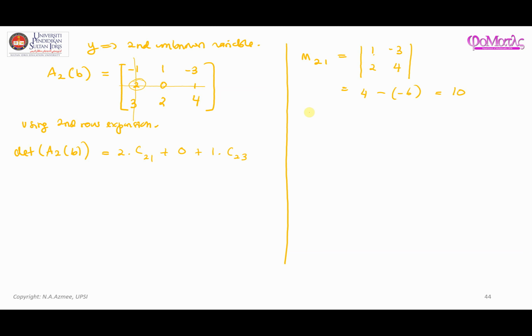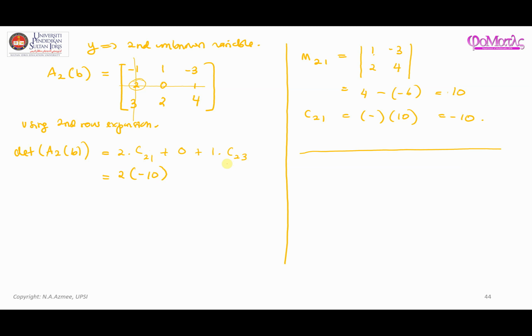Next, C21: you can see that 2 plus 1 is 3, 3 is an odd number, therefore you're going to have a negative sign, and here just plug in the value of M21 right next to it, and therefore the value of C21 is just negative 10. Plug in this value into the position here, so 2 times negative 10.